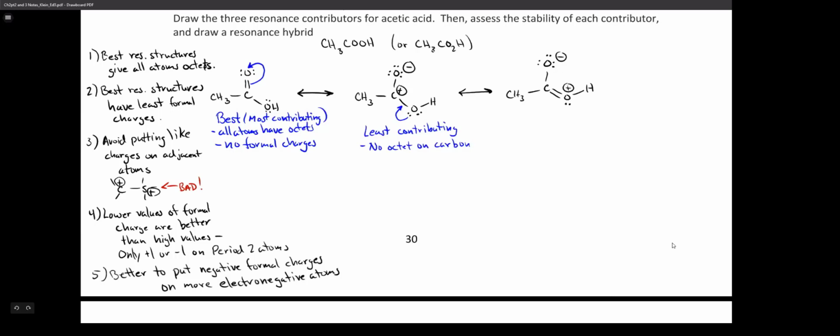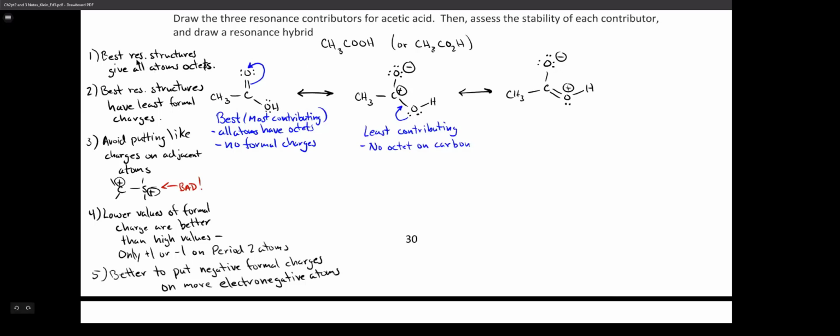The whole point, as I said here, is that I think a lot of people overemphasize the importance of it. It would be better to put a positive charge on carbon than on oxygen. But going back to this example here, here the positive charge is on oxygen, but here it's on carbon. Yes, it's better for a positive charge to be on carbon, but what's much more important still?